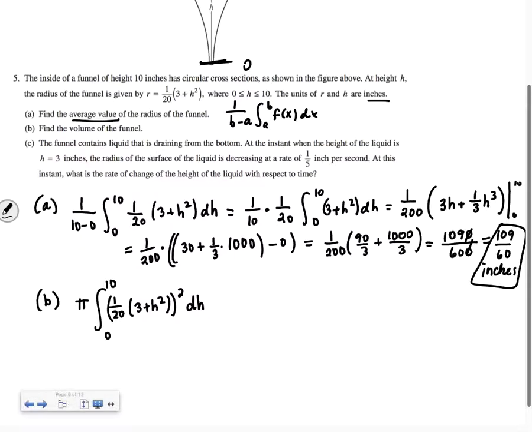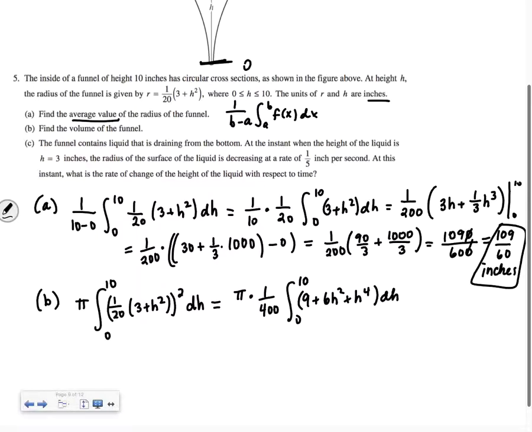So they are truly testing whether you are able to integrate by hand, because you actually have to do this by hand. So painful. So we're going to pull out the 1/20, and we're going to square that. So I'm going to have pi times 1/400, and I'm going to FOIL the 3 plus h squared out. So I'm going to have 9 plus 6h squared plus h to the 4th.